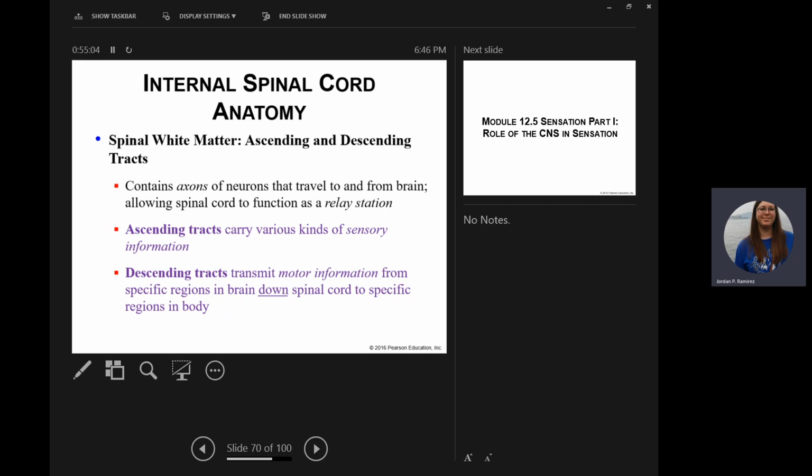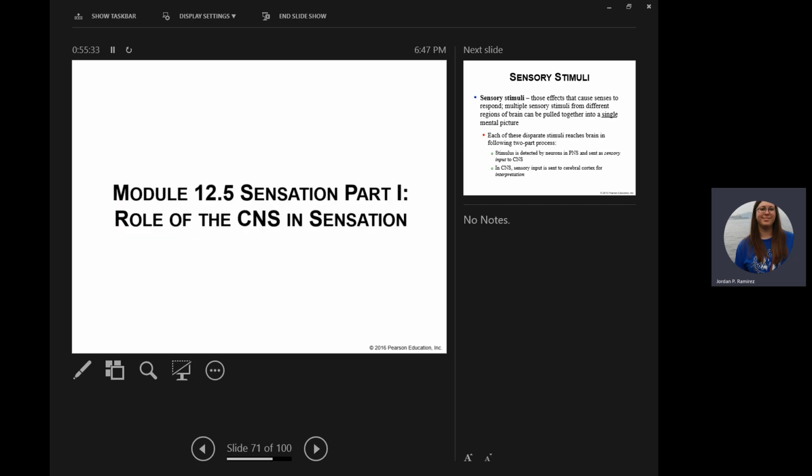Sensory information, we have to take what we see, integrate it, and then put it into the next section, descending tracts, which transmit motor information. If you just break it down into those three different functions, sensory, motor, integrative, it really makes a lot of sense. So descending tracts again transmit motor information from the brain down the spinal cord to whatever gland or muscle they need to go to.